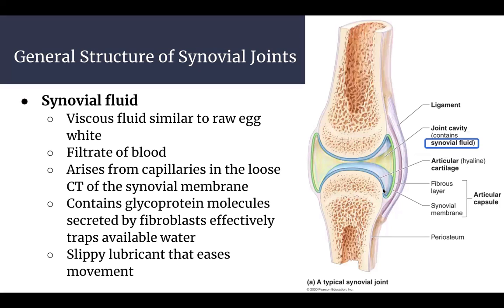Now, as well as releasing this filtrate of the blood from those capillaries, the fibroblasts in the connective tissue of the synovial membrane are secreting lots of glycoprotein molecules. And these molecules are able to trap the available water so it doesn't get easily reabsorbed back into the connective tissue and back into the capillaries, the small blood vessels that we find there.